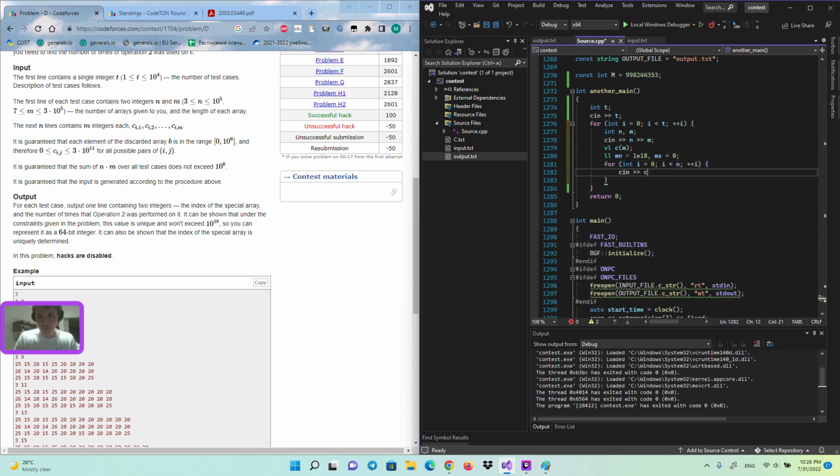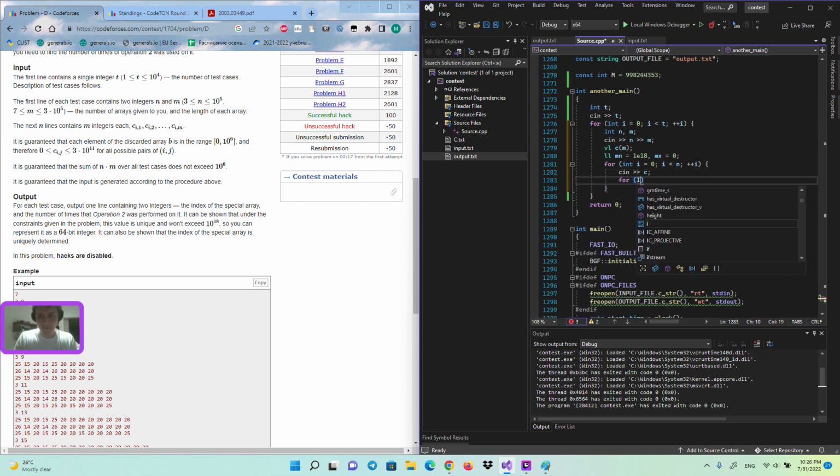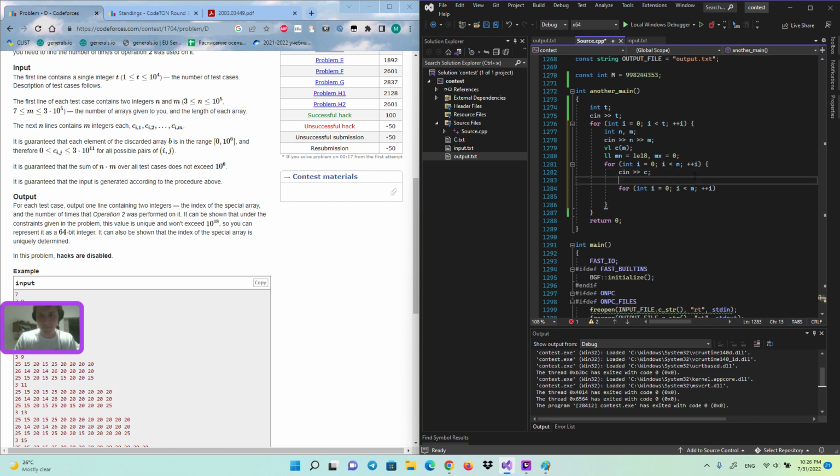We read C and find the sum. Sum is C_i times i.